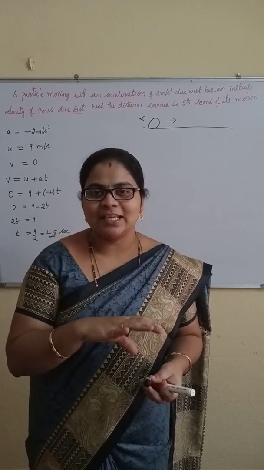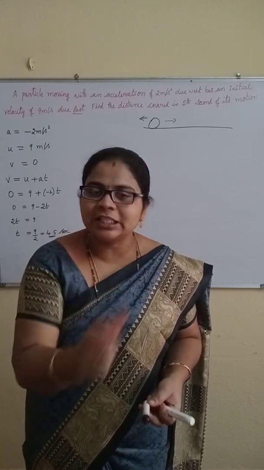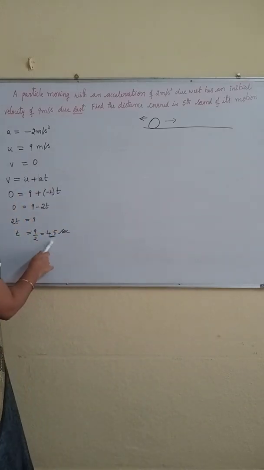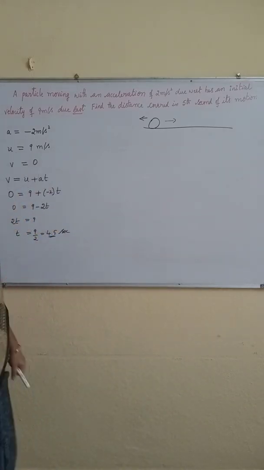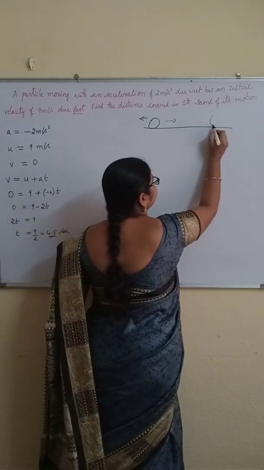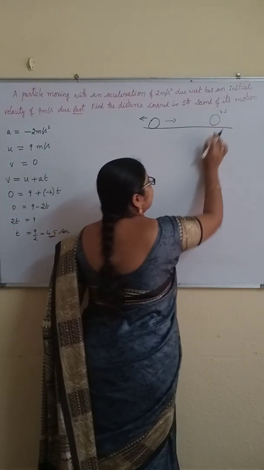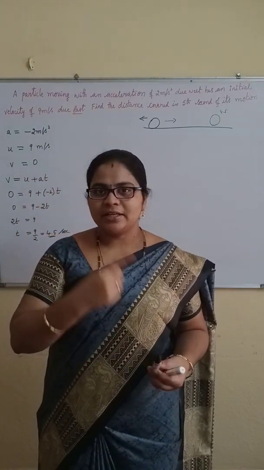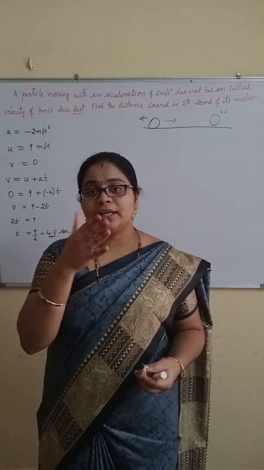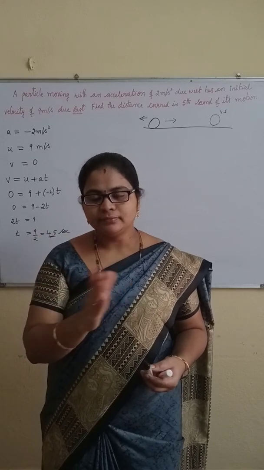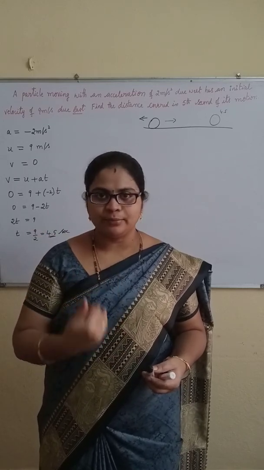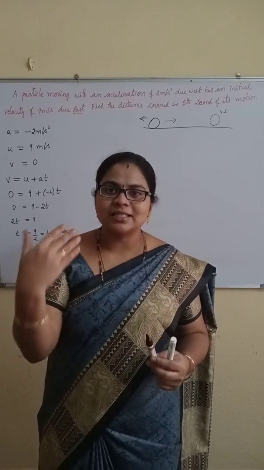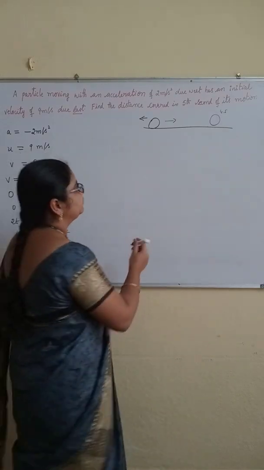But he is asking how much distance is covered in the 5th second. Right. But at 4.5 seconds it is coming to rest position. You know, I already told you, when acceleration and velocity are in opposite directions, the body will come to rest position, and after that it will again start moving in the opposite direction.